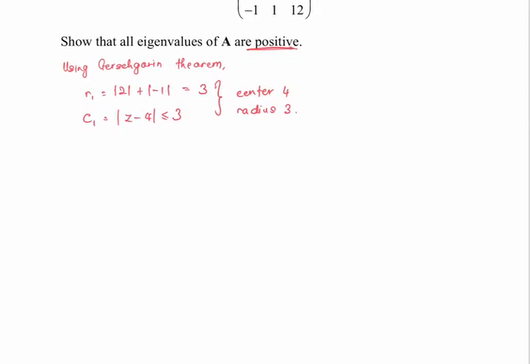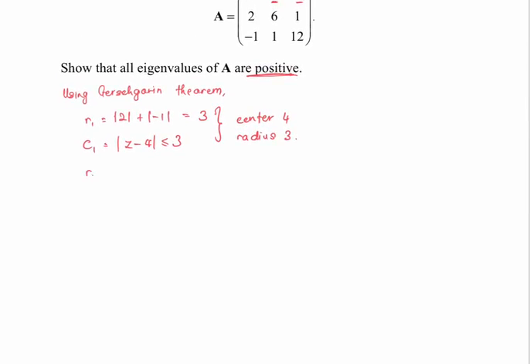And then for row 2, we have 2 and also 1 that are the elements that are not diagonal, so that we have |2| + |1|, again equal to 3. While for the center, |z minus the diagonal element| must be less than or equal to the radius. So that we have our center is 6 and the radius is 3.